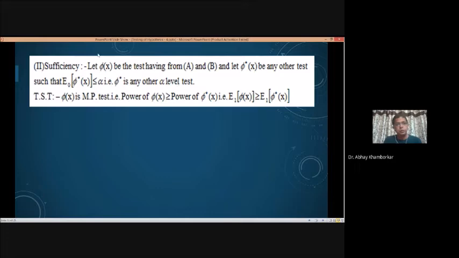Now, if we want to show that phi is most powerful test, then we should compare the power of phi of x and phi star x. And then depending upon the situation, we can say that phi is most powerful test or not.